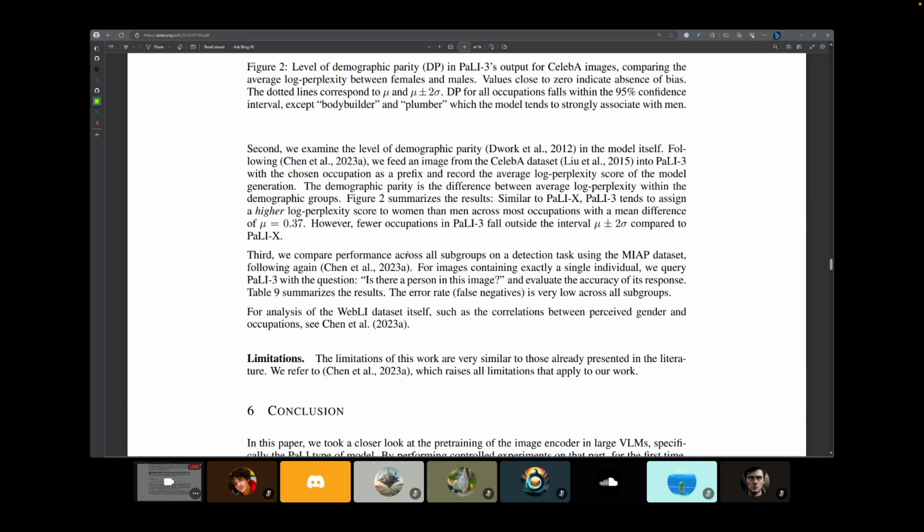Demographic parity is the difference between the average log perplexity across demographic groups, and we summarize the results similar to PaLI-X. PaLI-3 tends to assign higher log perplexity scores to women and men across most occupations, with each difference of 37. However, fewer occupations in PaLI-3 fall outside of the interval compared to PaLI-X.